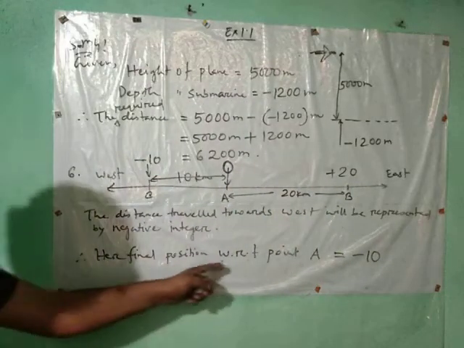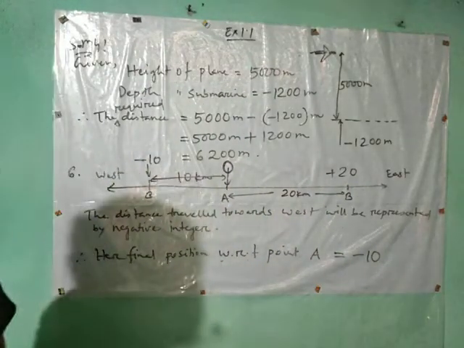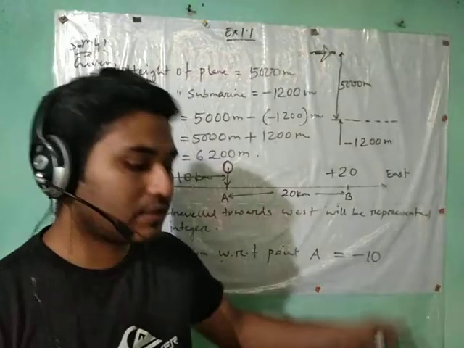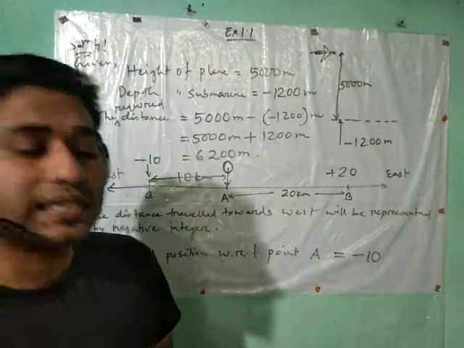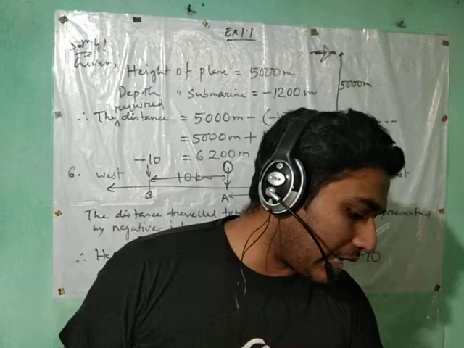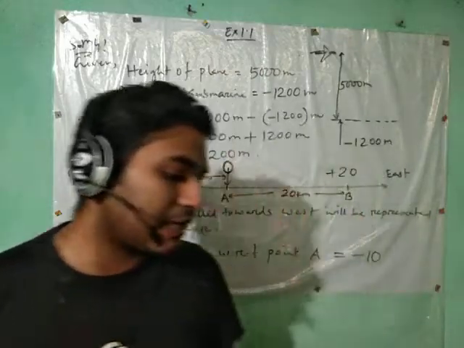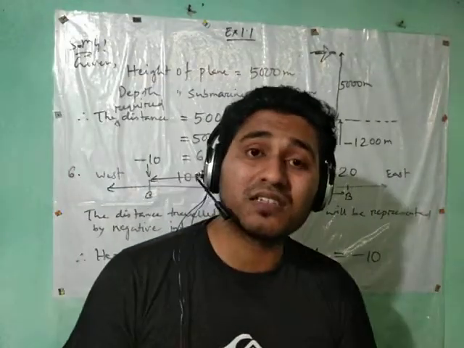The final position with respect to A will be -10, because there you have been asked to write only an integer. See, by what integer will you represent her final position, which integer?